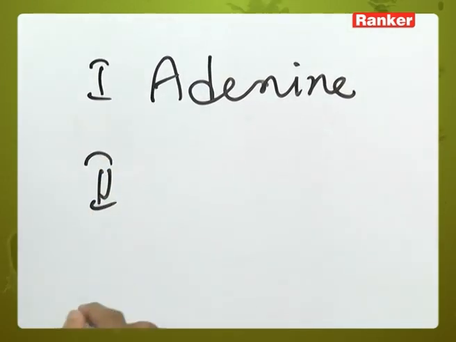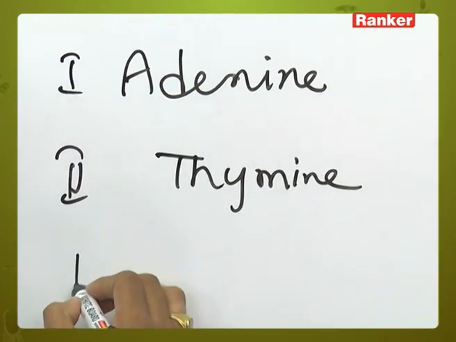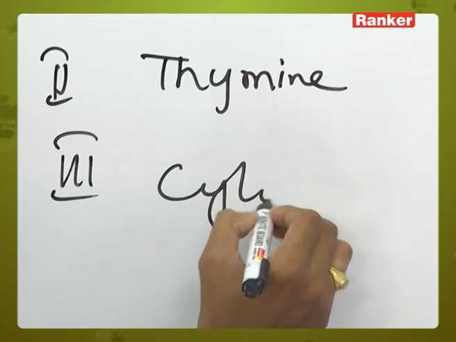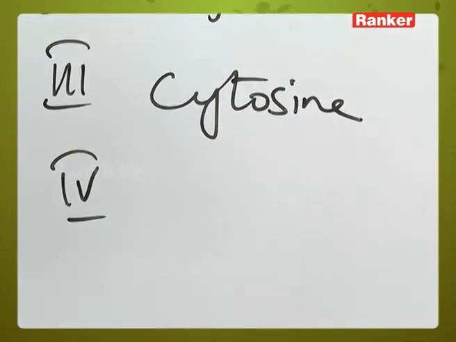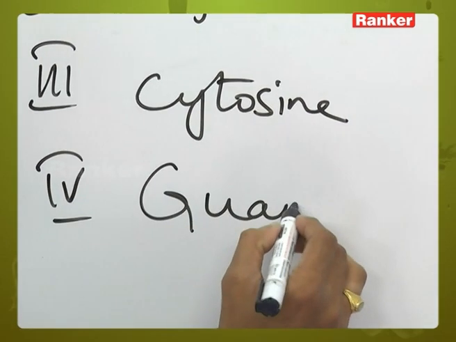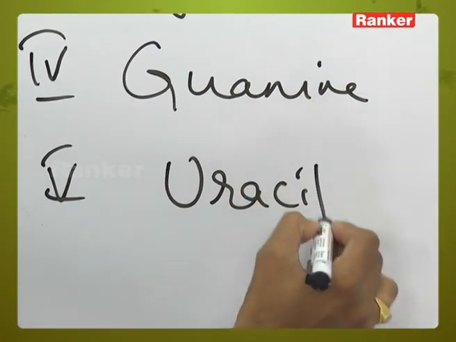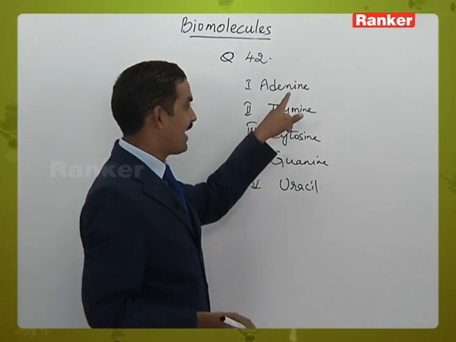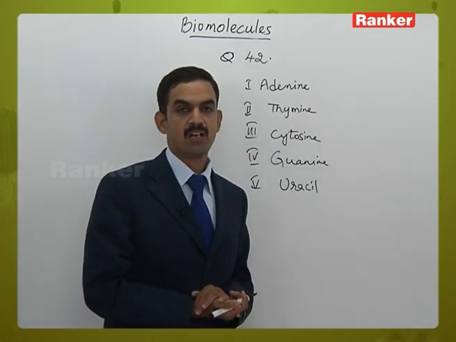Out of these five that have been given here, adenine is a purine molecule.